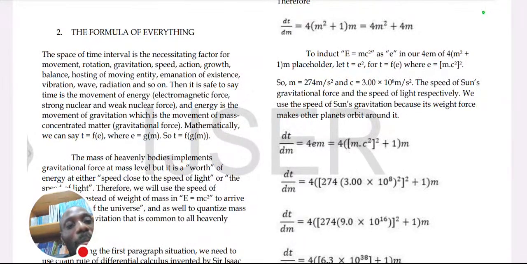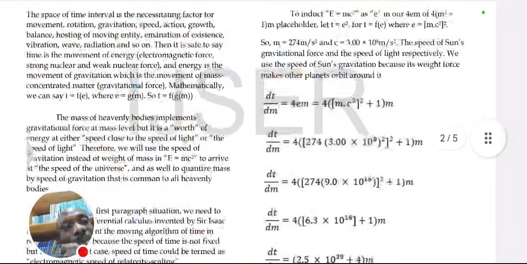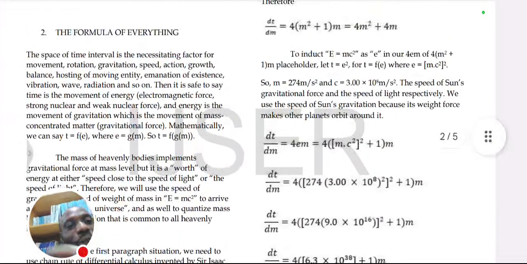Now M is going to be the gravitational speed of the sun, which is 274 meters per second squared. And C will be the speed of light, which is 3.0 times 10 raised to power 8 meters per second squared.